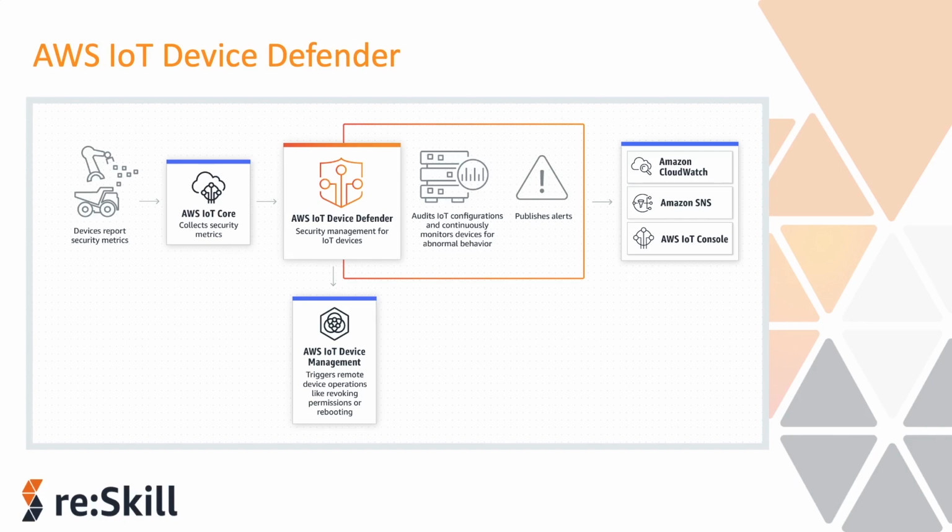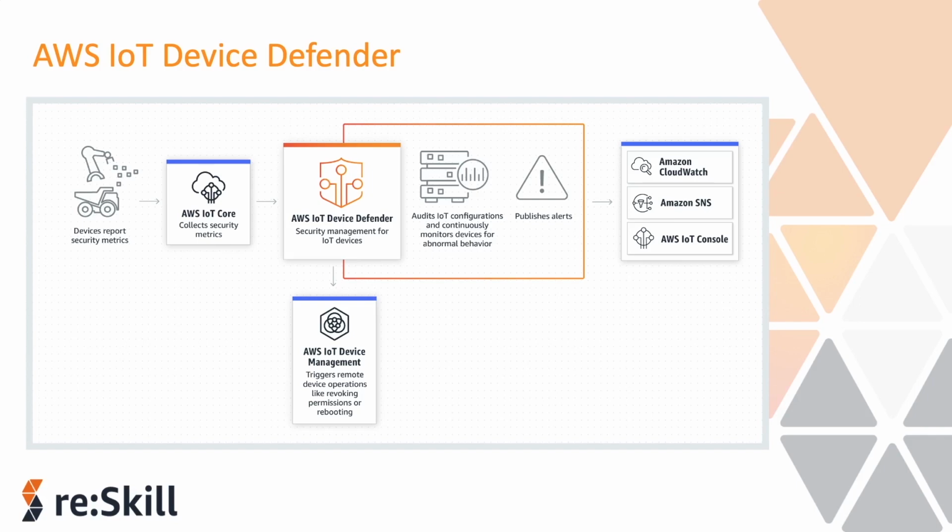There are two ways we can use it. We can have pre-configured rules with which we specify that if a certain action happens, for example, if the device's IP address changes, and the locations of these IP addresses are like 1,000 kilometers apart, it means that something is going wrong.